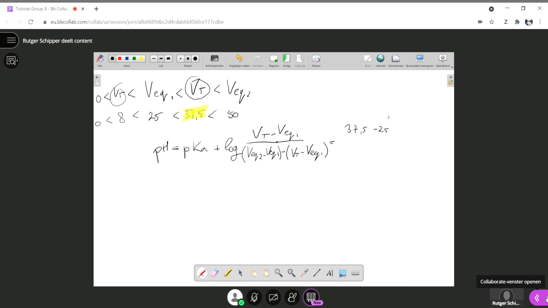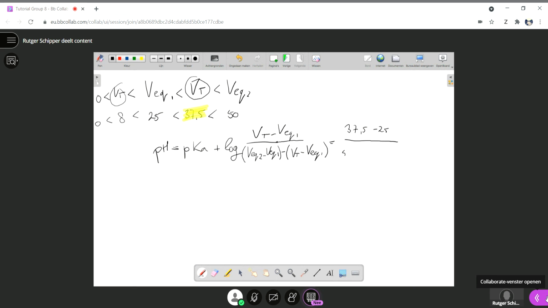Because we have 12.5 milliliters added to the system, because we correct for the first 25 that are not responsible for the second equivalence point that has been reached, because that was all before the first equivalence point, right?